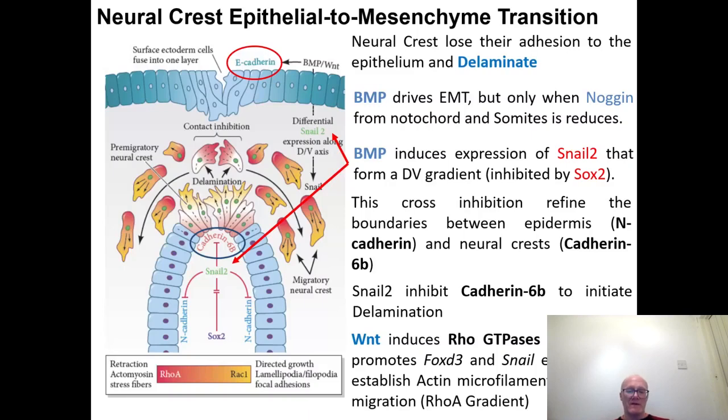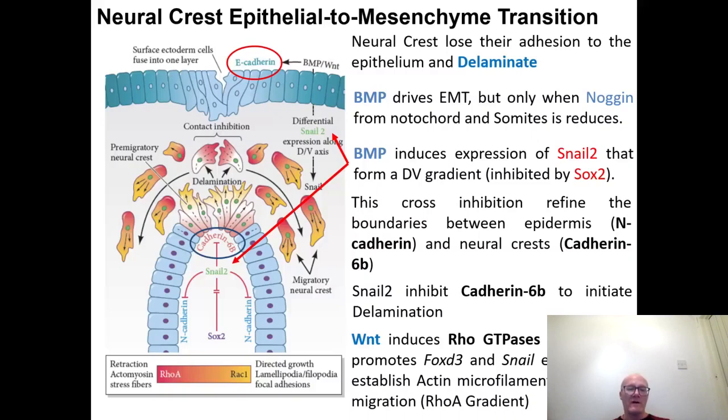But they also establish the expression of actin microfilament, and the actin microfilament, like we saw for the neurons migrating, forms protrusions in the neural crest cells toward the direction of travel of the neural crest cells.